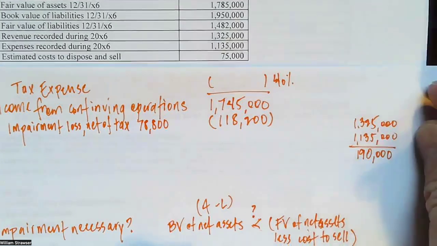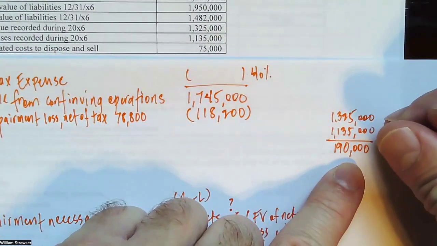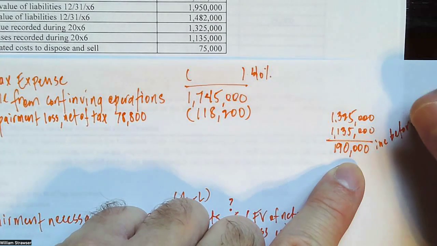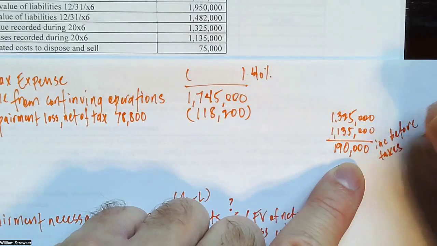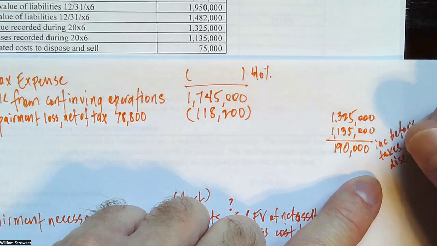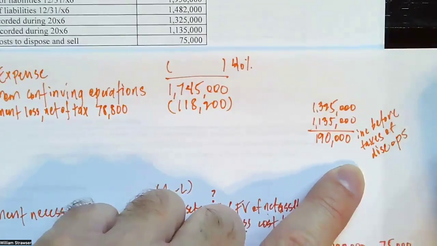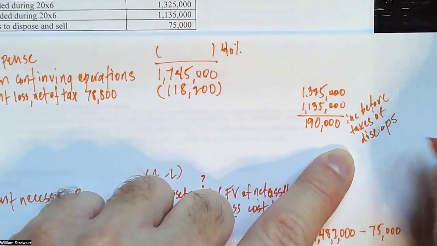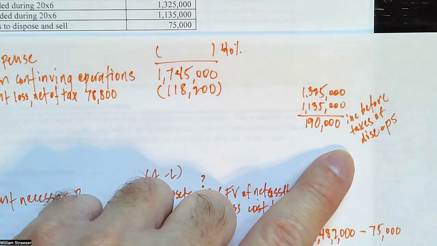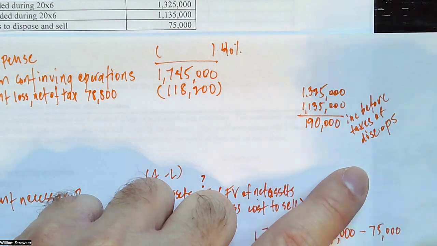Actually I say net income, but this is the income before taxes. When I say net income, that tends to mean it's net of tax. So this is the income before taxes of the disc op. It's our pre-tax. We take the 190 and then we multiply it by 0.4.